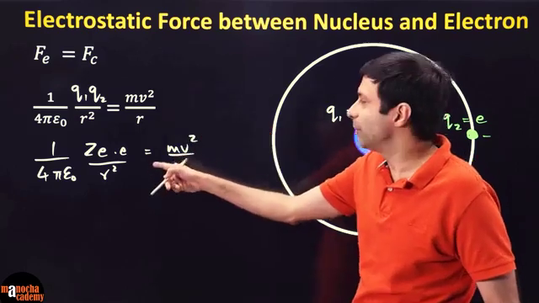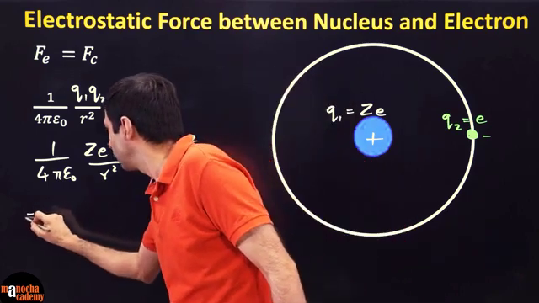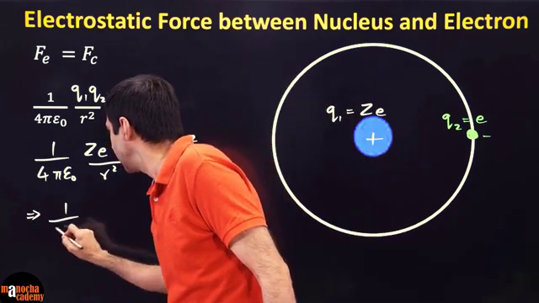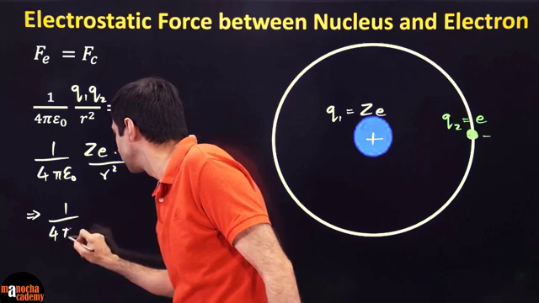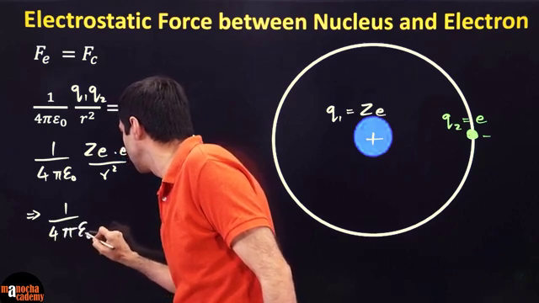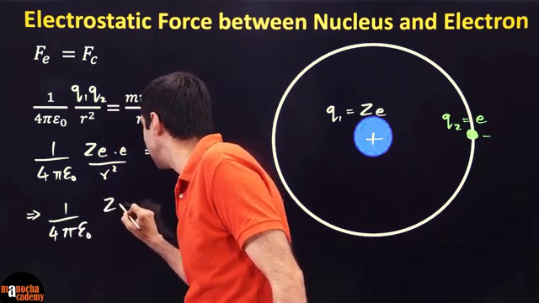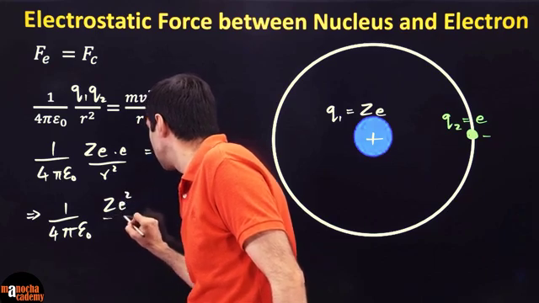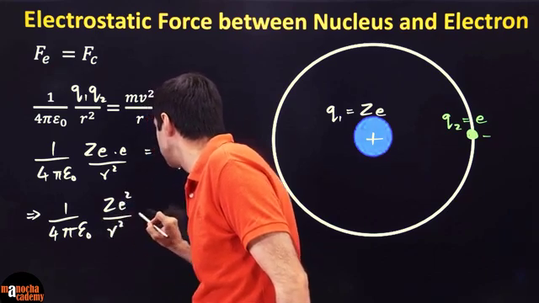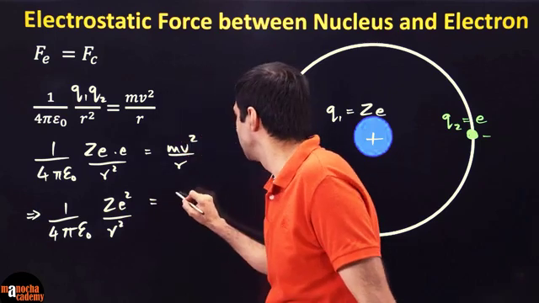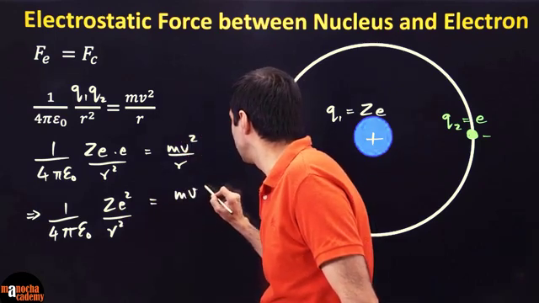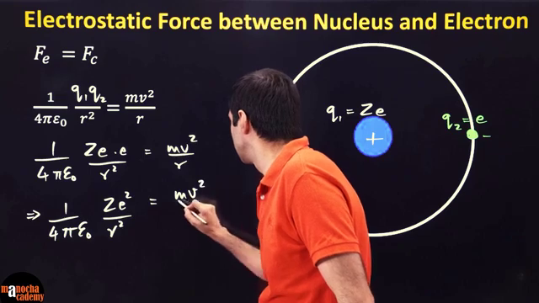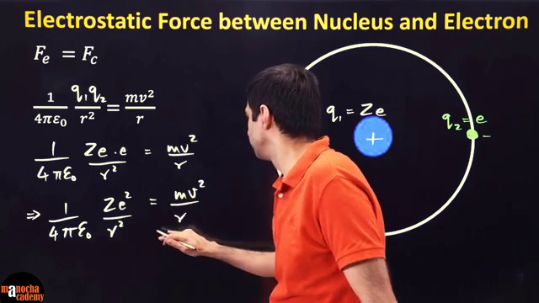Now go ahead and simplify this. What will you get over here? 1 by 4 pi epsilon naught, and this is going to give me Ze square divided by r square, and that equals mv square by r.